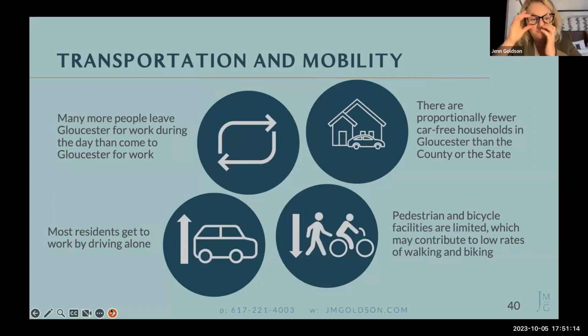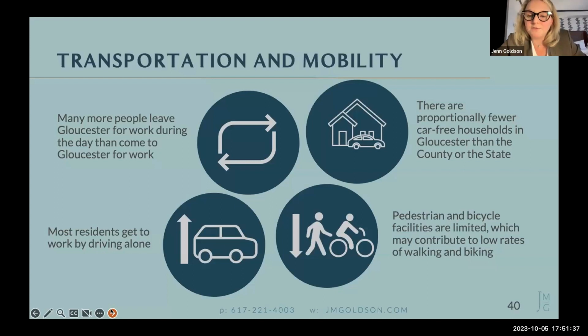So many more residents of Gloucester leave Gloucester for work during the day than come to work in Gloucester. So that's just one thing we look at. Where are people going for work? How many of them are working in Gloucester? How many of them are leaving Gloucester? How many people are coming in to work? We also see that most residents drive alone to get to work.